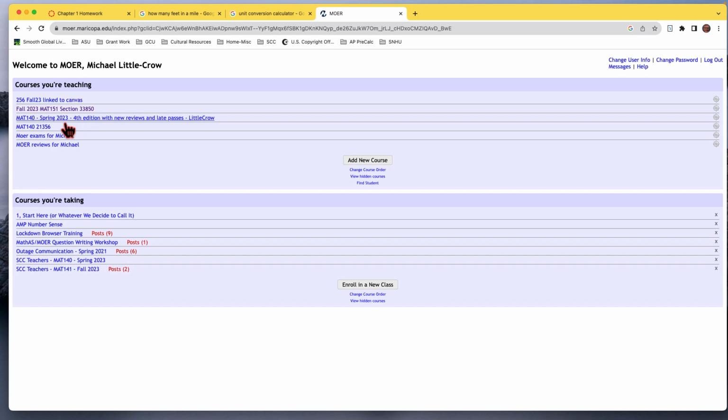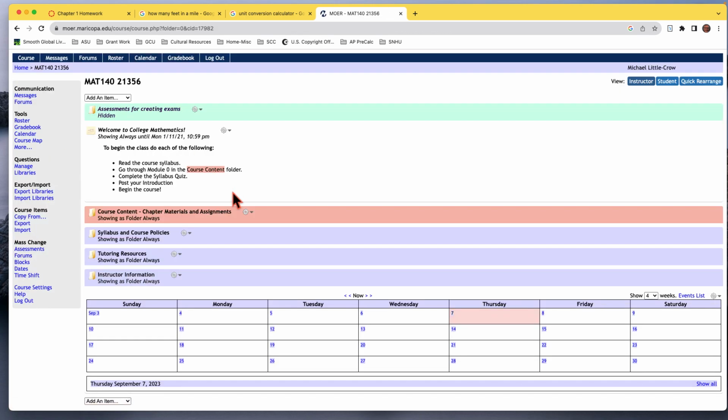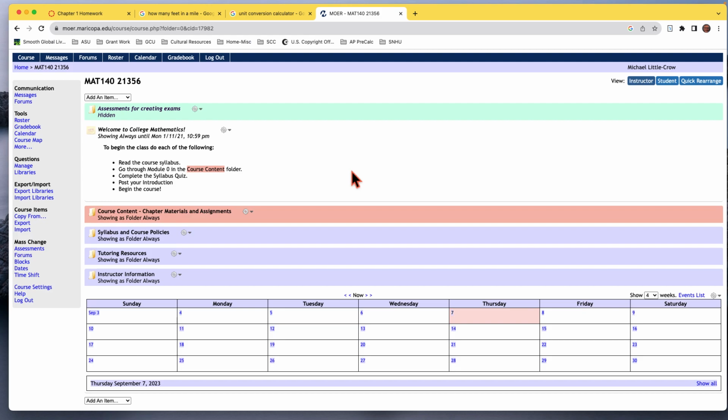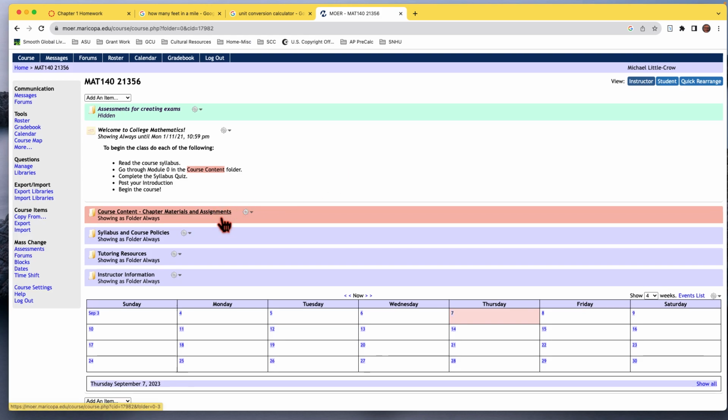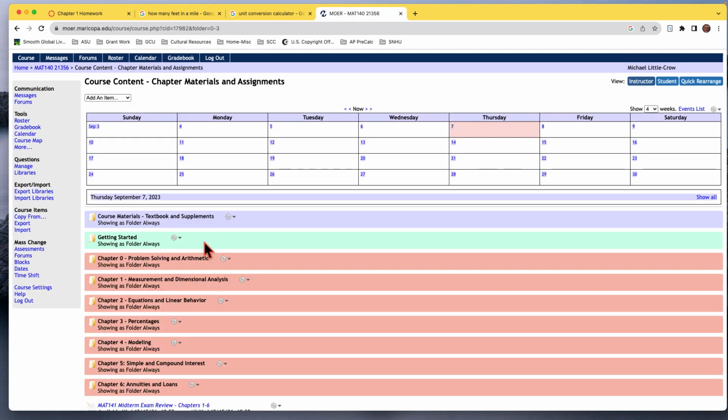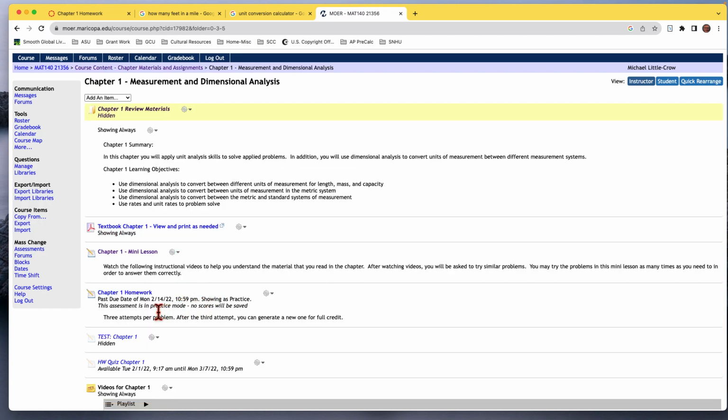Okay, here we are, and we're Math 140. I thought I copied over to here. Course content should be here. Measurement for 1 should be here. And the homework.